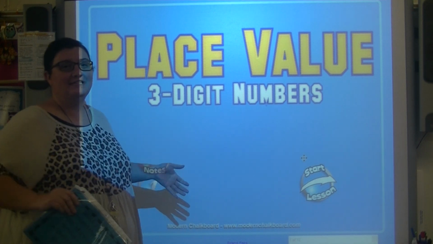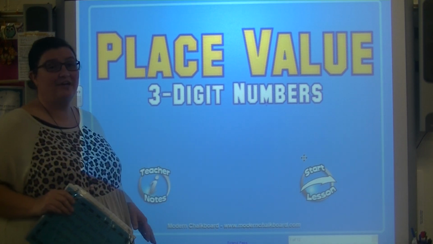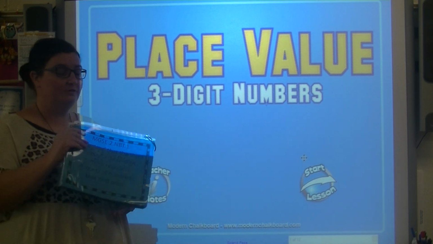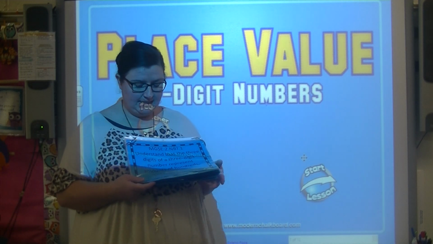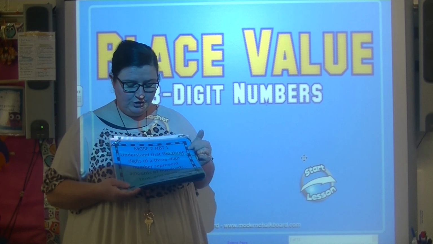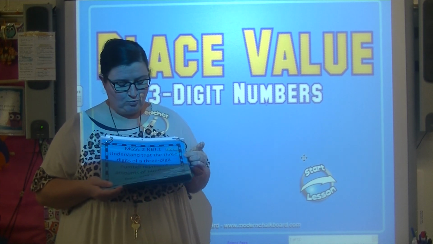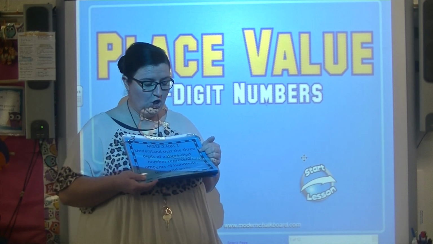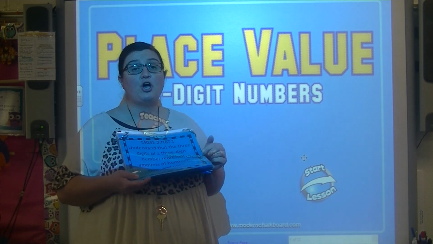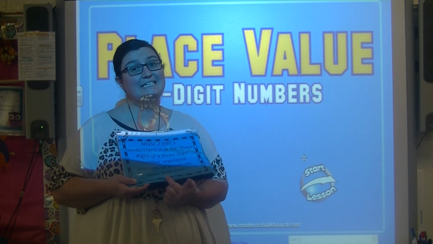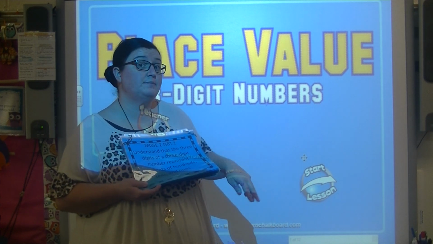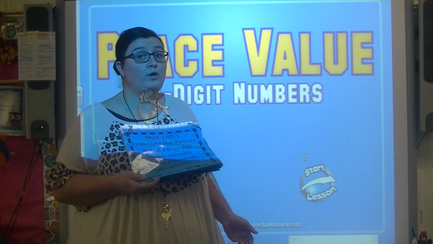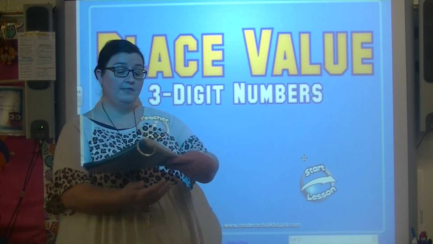Boys and girls, we're going to continue to work on place value with 3-digit numbers. For your standards, we're going to be working with 2 different standards. You're going to understand that the 3 digits of a 3-digit number represent an amount of hundreds, tens, and ones, and you'll be able to show us where the hundreds place, the tens place, and the ones place are in those numbers.